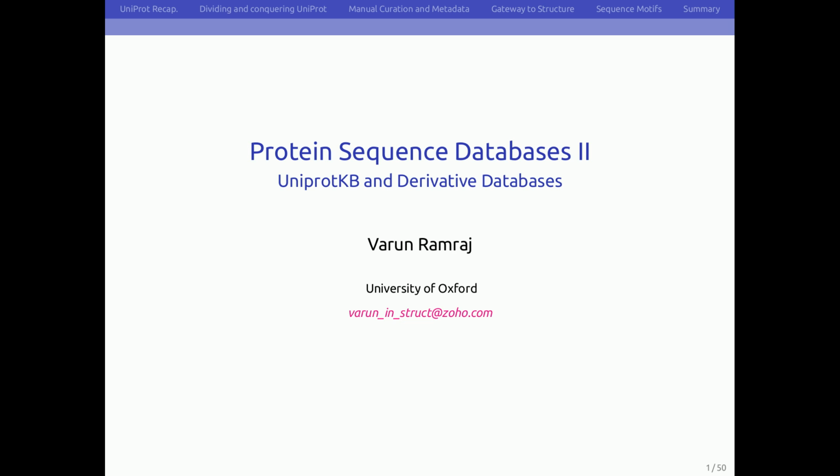And I also want to look a little bit more in depth at some of the information inside UniProt KB. So if you remember, UniProt KB was the main repository, but UniProt had some other databases as well. But we're going to focus today more on the UniProt KB side and delve a little bit more into some of the philosophy of why the database is the way it is.